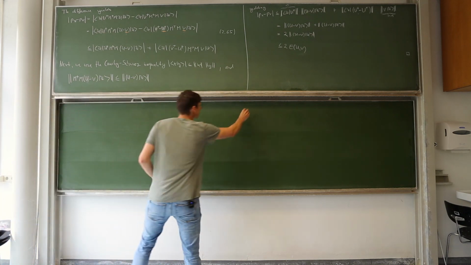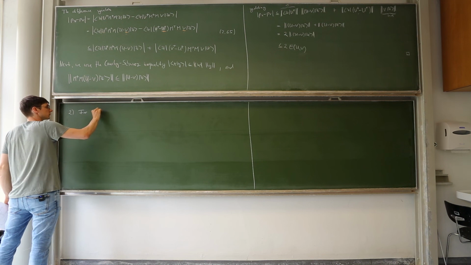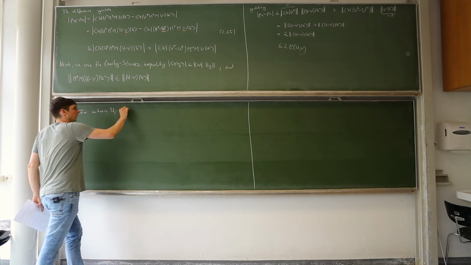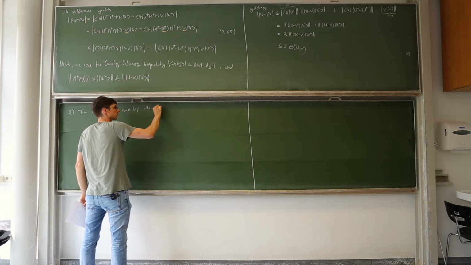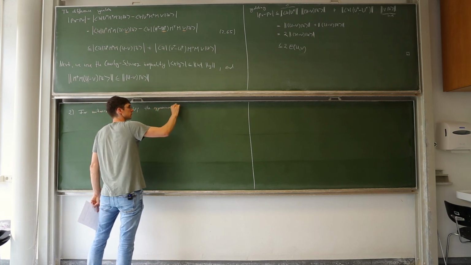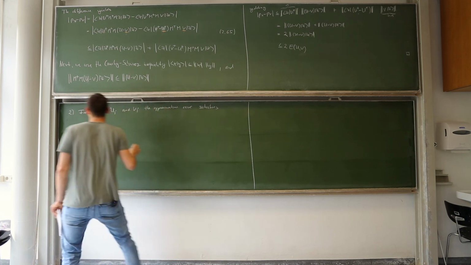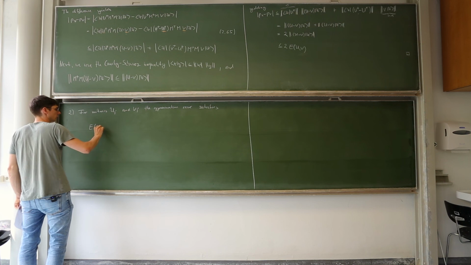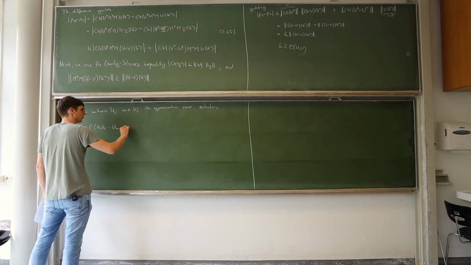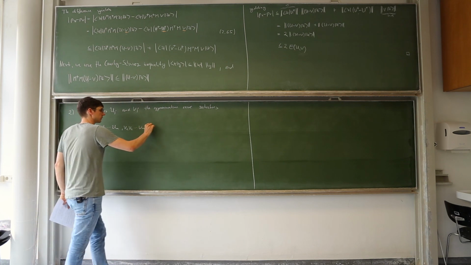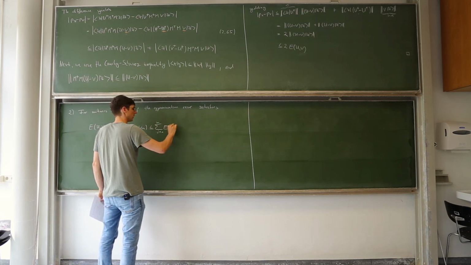Namely, so this is remark 2, for unitaries Uj and Vj, the approximation error satisfies that E of U1 times U2 to UM and V1, V2 to Vm is smaller or equal to the sum of the approximation errors of the individual unitaries.